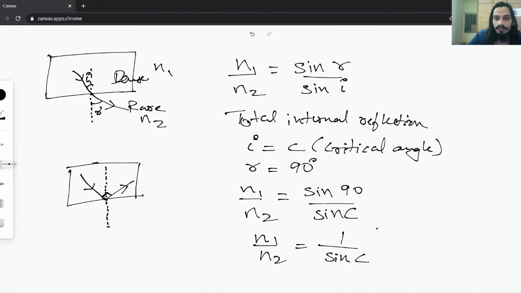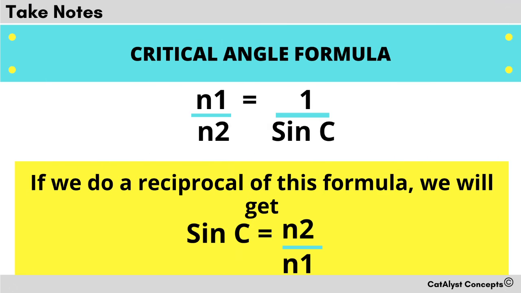All right, so now I can take the reciprocal. If I have to take the reciprocal of this, I can write it something like this: sine C equals n2 divided by n1. Okay.